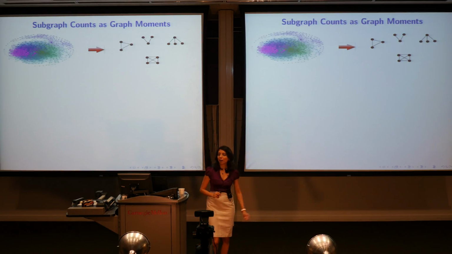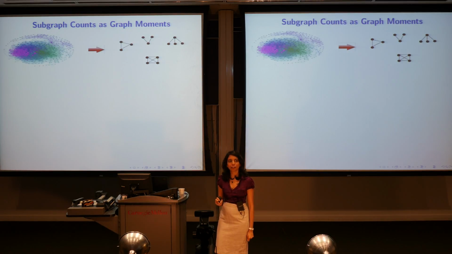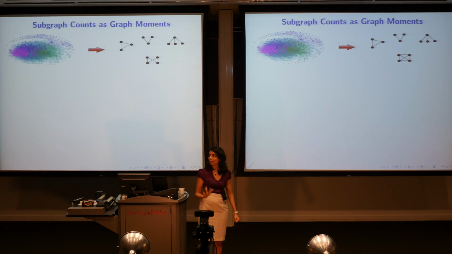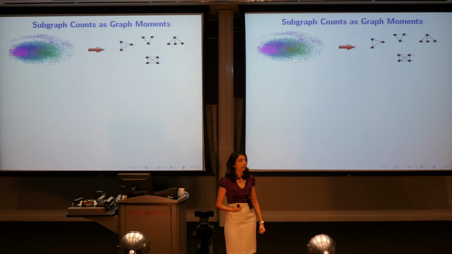So now what are the moments, right? If I have a random graph model, I can think of the presence of different subgraphs as possible moments. So in a way, this is a much richer model because I have these different combinatorics. I have different possible subgraphs that can give me different kinds of information about this distribution.